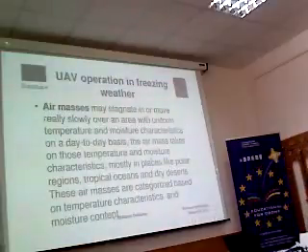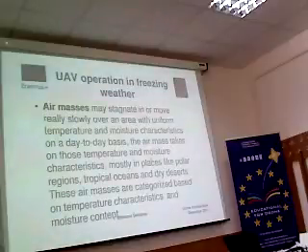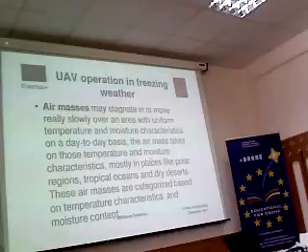Air masses may stagnate in, or move really slowly over, an area with uniform temperature and moisture characteristics on a day-to-day basis. The air mass takes on those temperature and moisture characteristics, mostly in places like polar regions, tropical oceans, and dry deserts.